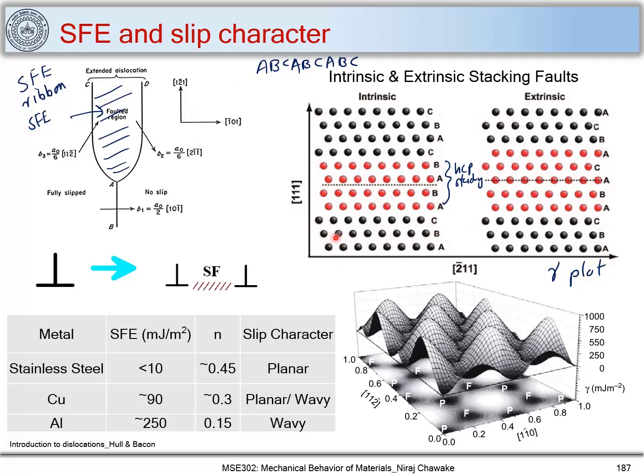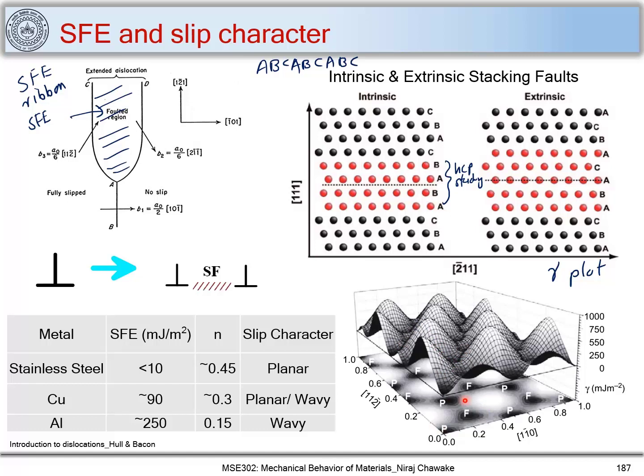What you do is move this B layer over the A layer by these translations, let's say along the 110 direction or 112 directions. Here you can see that this is the 112 direction. If I move this B layer along the 112 direction, you can get a minima or maxima because of the positions present on A, and thus you have variation in energies.